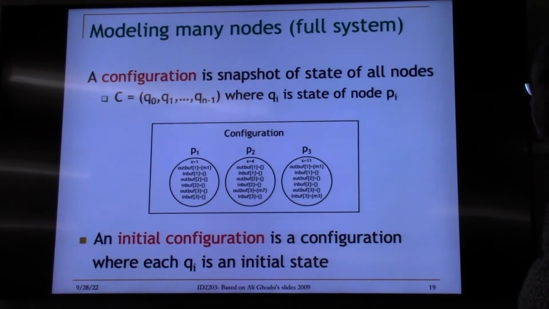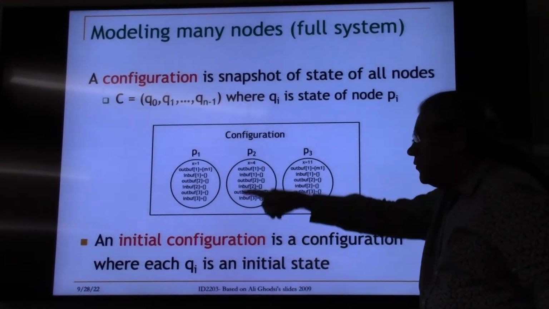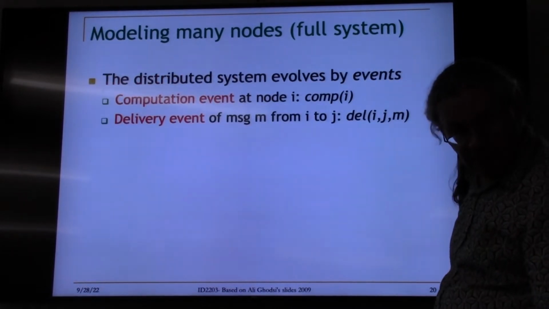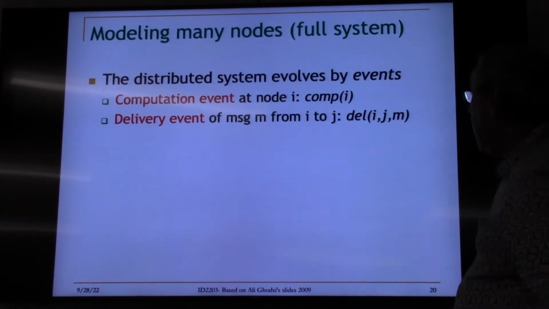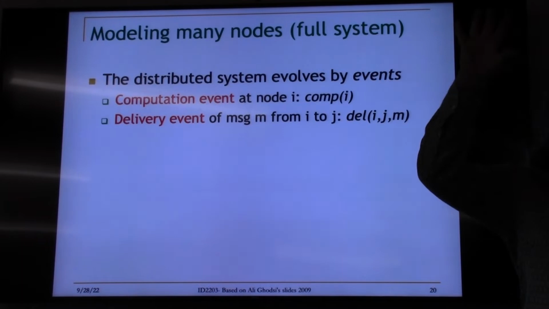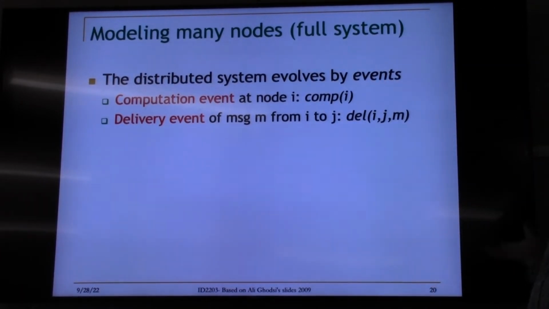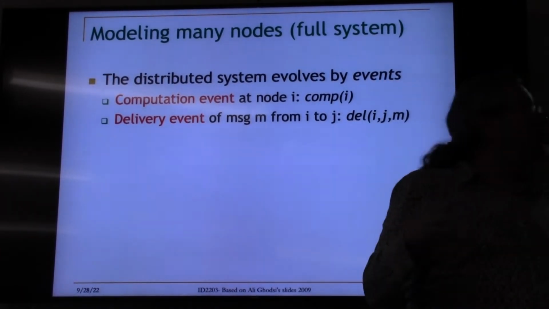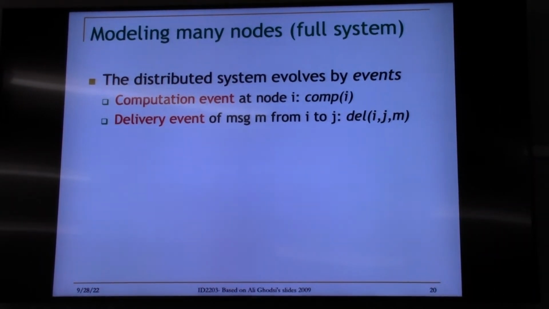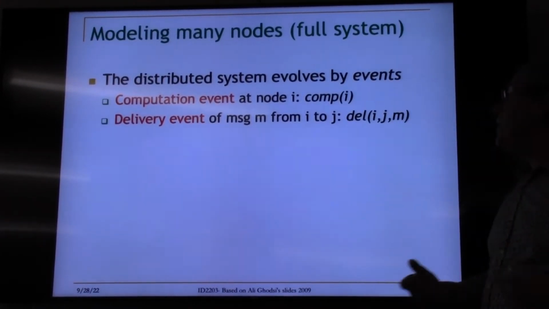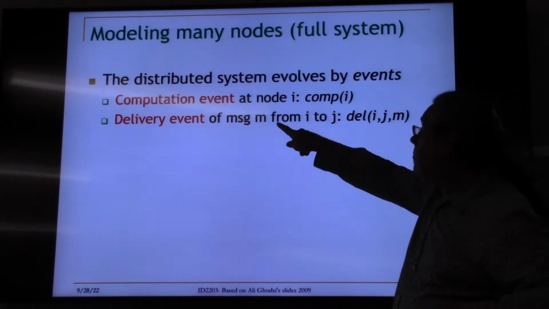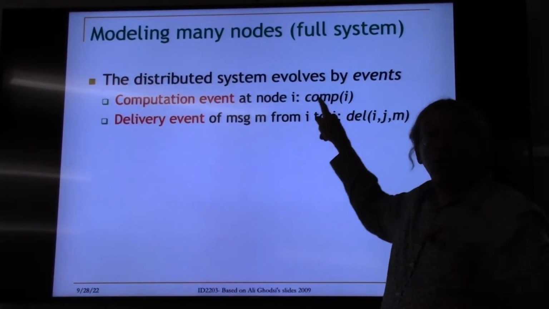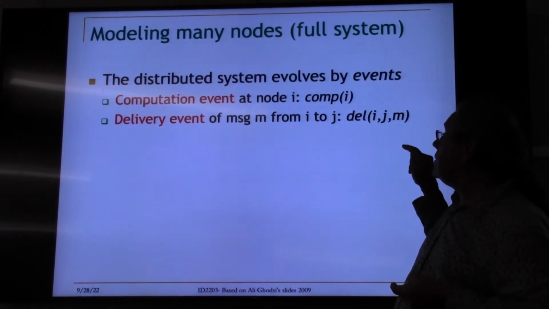Okay, we have an initial configuration when each of the nodes is in the initial state. Now we want to look at the whole system. The whole system is executing. So each of these nodes can do transitions, but the whole system is doing different things. It can either do a computation, this is local computation, or it can send a message.